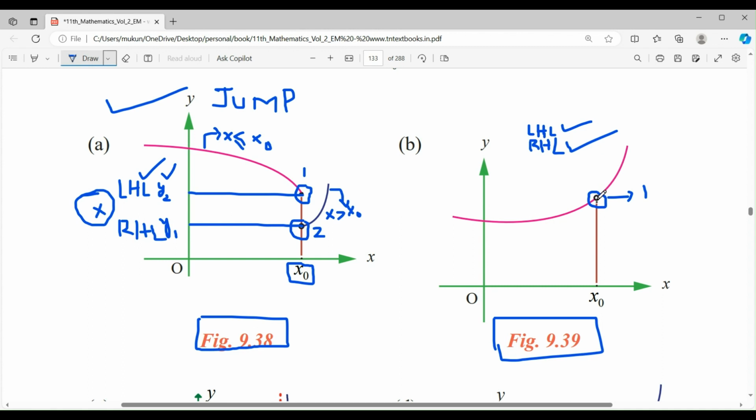We see a break at x equals x naught, but we don't see a jump as we move from x naught minus to x naught plus, right? So in this case, we know that this function is undefined at x equals x naught, and that's the only reason why the continuity is destroyed, right? So the limit does exist because your LHL equals RHL, so these two are equal, right?